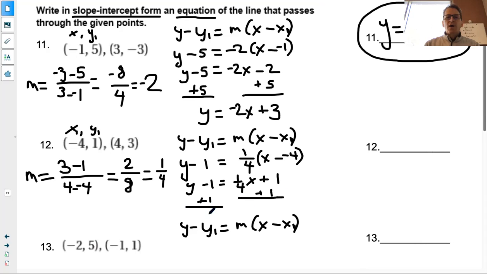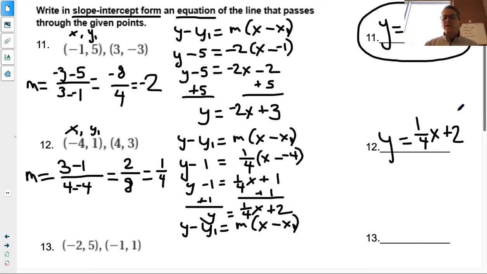And that gives us y is equal to 1/4 x plus 2. y equals 1/4 x plus 2.